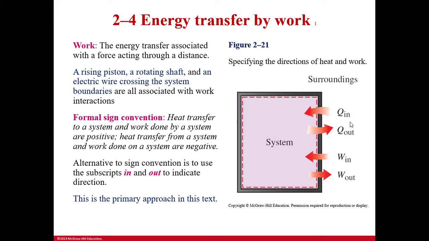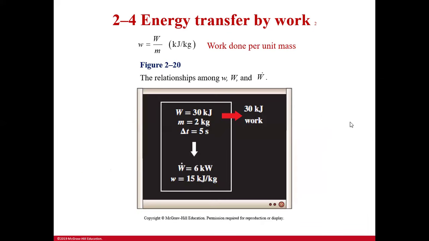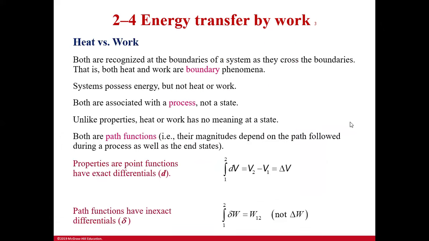An alternative to the sign convention is to use subscripts in and out to indicate direction. So work done per unit mass is 30 divided by 2, which is 15 kilojoule per kilogram, whereas the work rate will be 30 kilojoule divided by 5 second, which is 6 kilojoule per second, or 6 kilowatt.